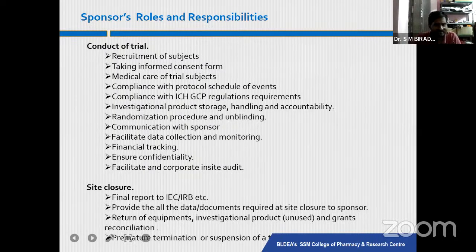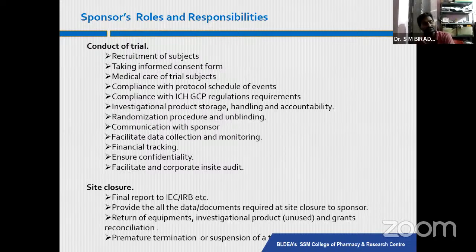Here, site closure: as I told in the previous slide, while presenting the status of the clinical trial to the review boards, if it is discussed and decided that there is no point in continuing the research work, because we are not getting satisfactory data with respect to the previous findings, a lot of money is unnecessarily wasted if it is continued.